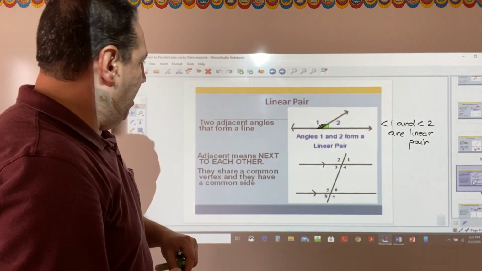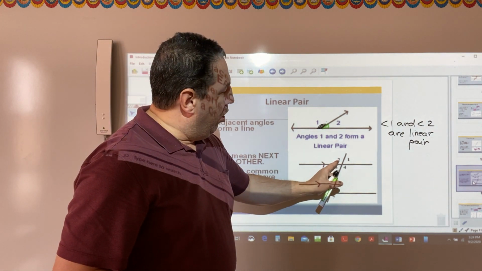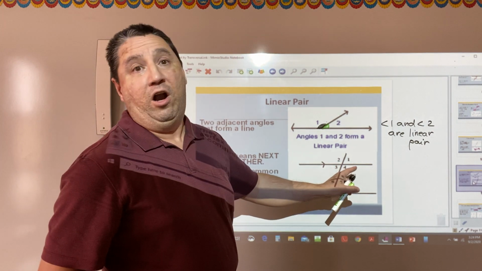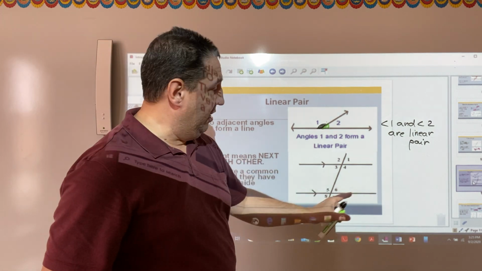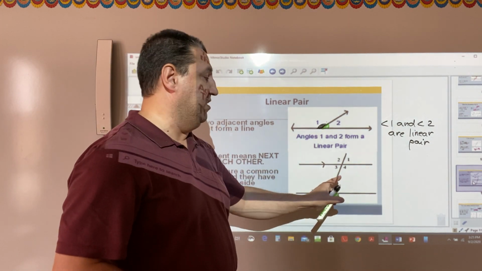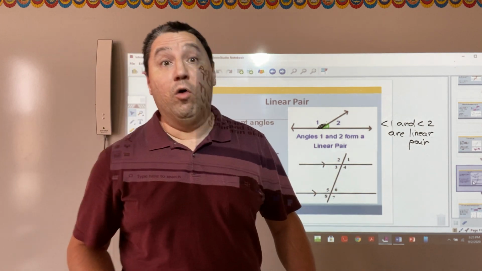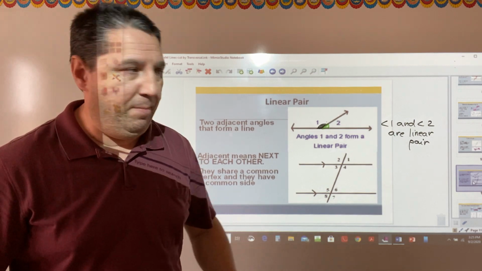In the other example, 3 and 4 are also a linear pair, right? Or 5 and 6, or 8 and 7, or 6 and 7, 5 and 8, 2 and 3. All these pairs are linear pairs. Good.